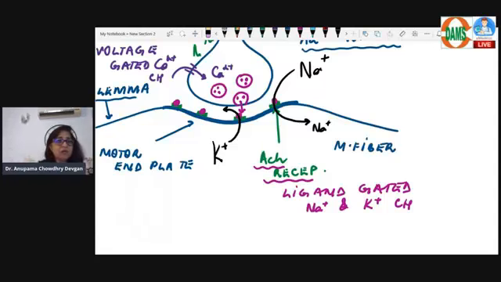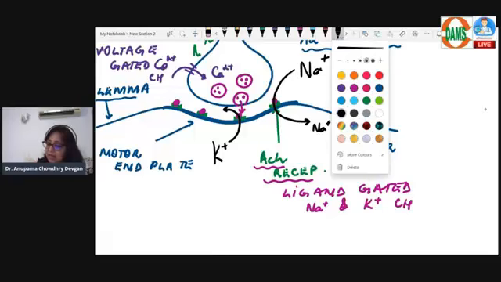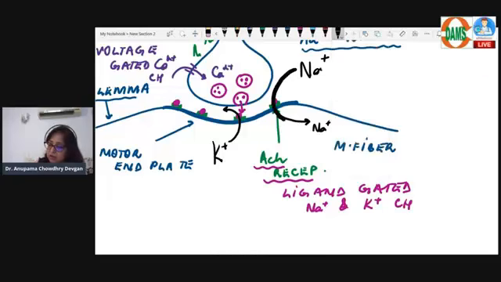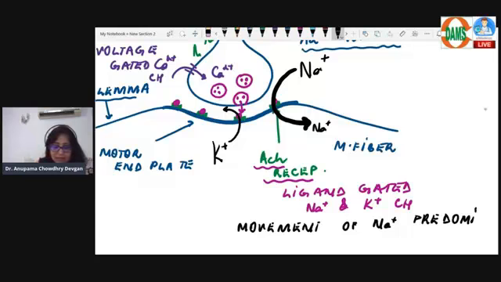Please remember, out of influx of sodium and efflux of potassium, what is predominant is the influx of sodium. The movement of sodium predominates. And why does movement of sodium predominate?